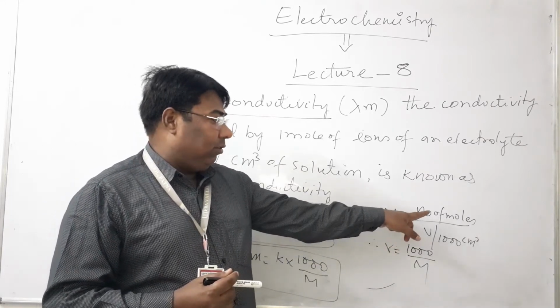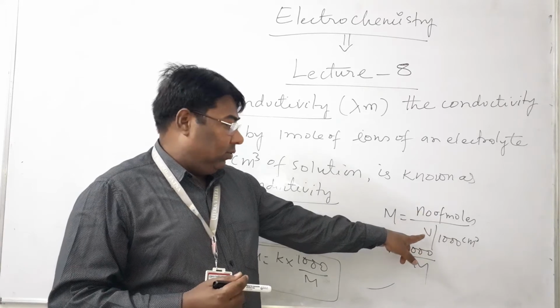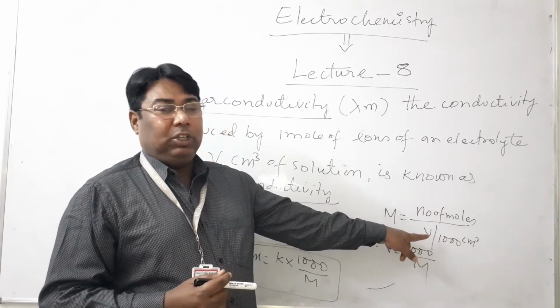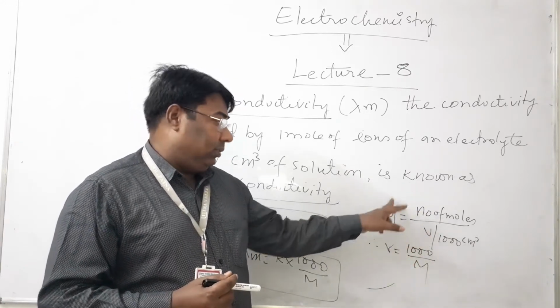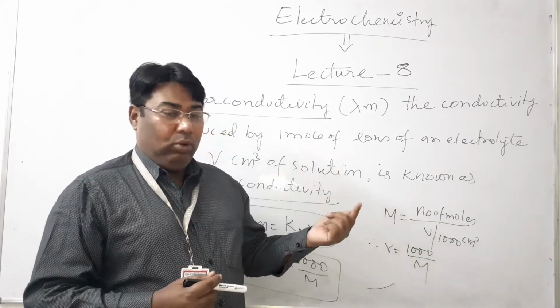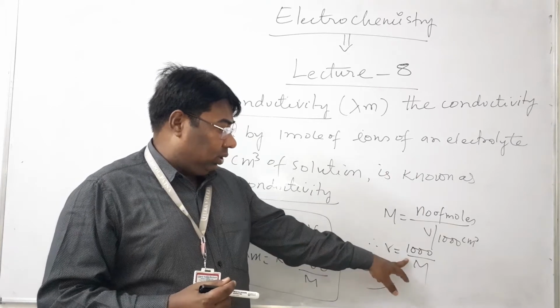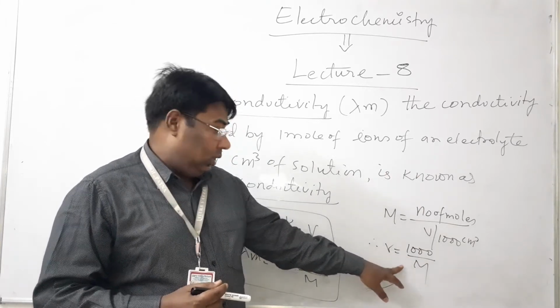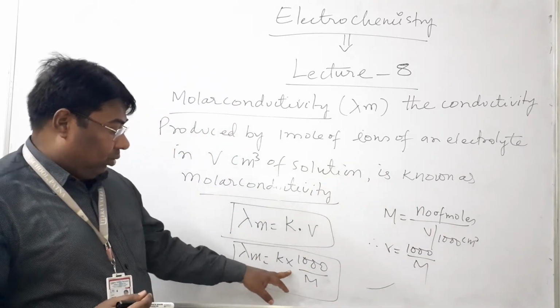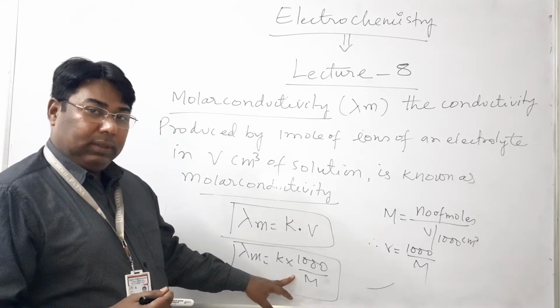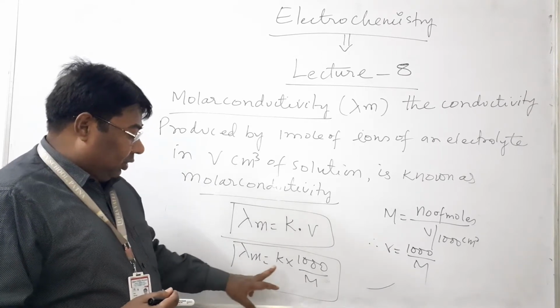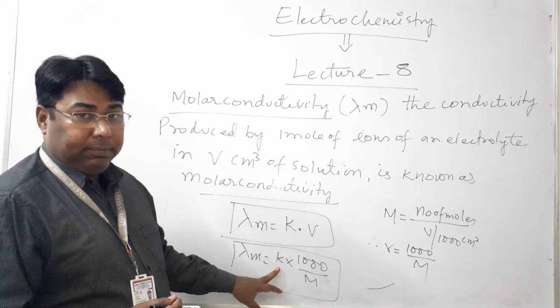Molarity is equal to number of moles divided by V by 1000 in V centimeter cube of solution. So from this, number of mole is 1 mole, so it is replaced. So V is equal to 1000 by capital M. Now we put here K into 1000 by M. This is lambda m is equal to K into 1000 by M.